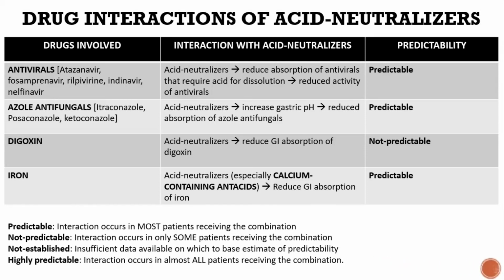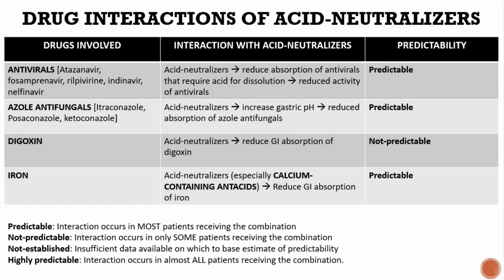Predictable means this interaction occurs in most patients receiving the combination. Not predictable means it occurs only in selected populations. It is not necessary that it will occur in everyone. Not established means we don't have sufficient data to prove that this interaction may occur significantly, but theoretically it is a matter of concern.